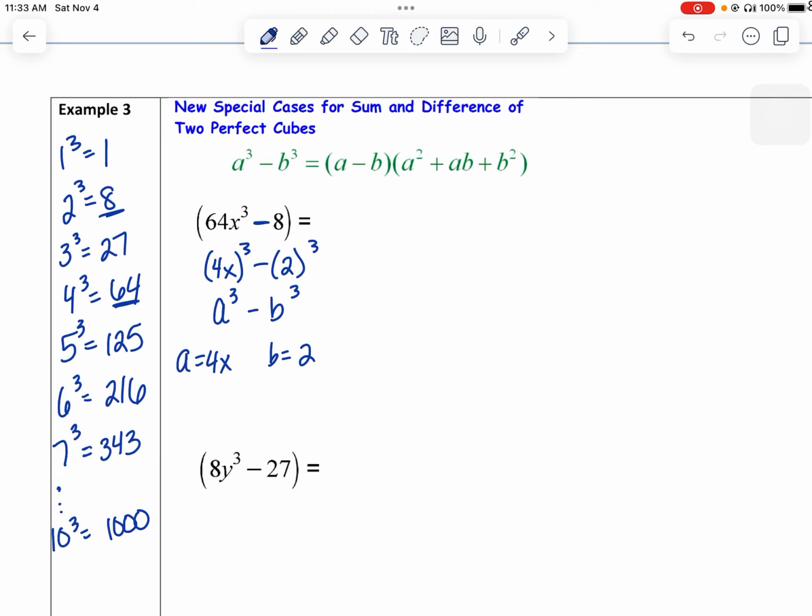And then it would be 4x squared plus 4x times 2 for ab plus 2 squared. And then simplifying that, I still have the 4x minus 2. 4x squared, 4x times 4x, is going to be 16x squared. 4x times 2 would be 8x, and 2 squared would be 4. And then that's as far as it's going to go. This is not going to factor any further.